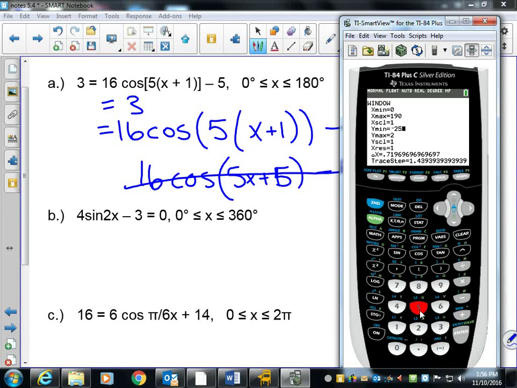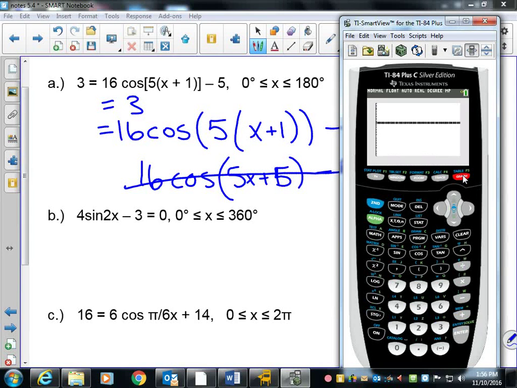Negative 25, and could I have a max at 0? 10? 15. 16 plus negative 5 is 11, so I need at least 11.